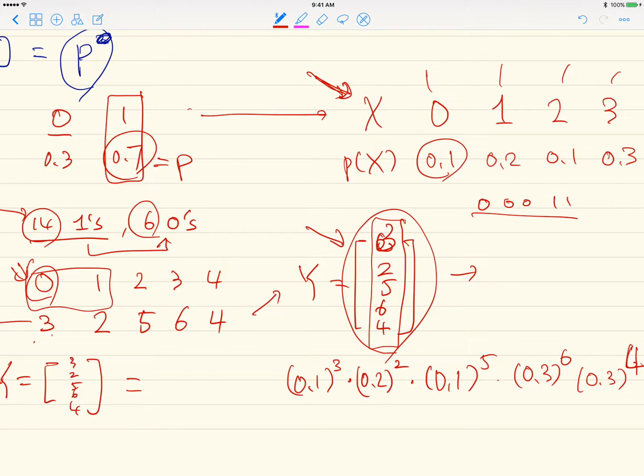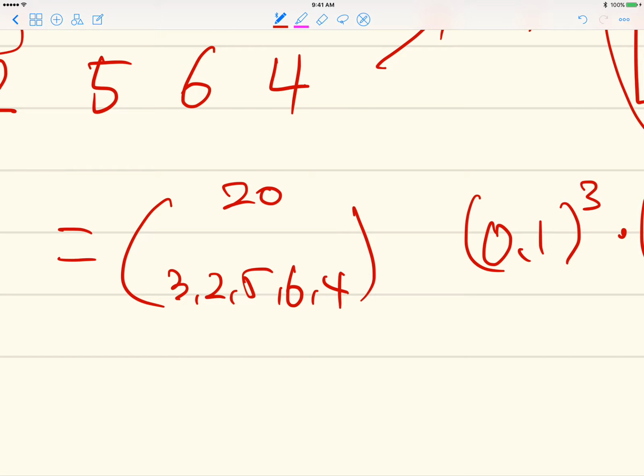Another sequence, 0, 1, 0, 1, 0, also generates the same y vector. So we have to consider all these different possible cases. How many cases do we have? It is written as 20 choose 3, 2, 4, 5, 6, 4. Yeah, so this one is this.